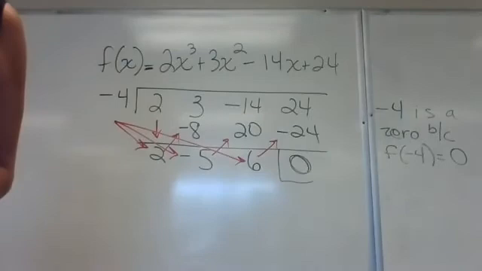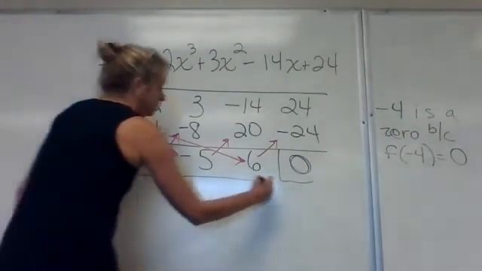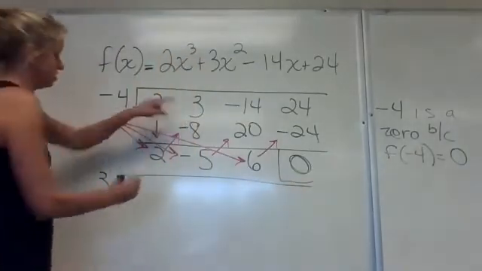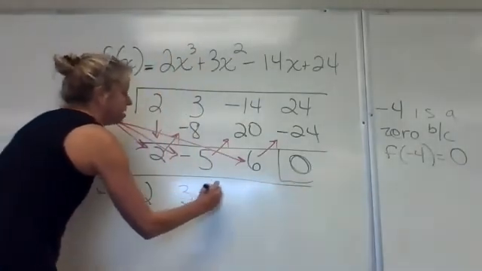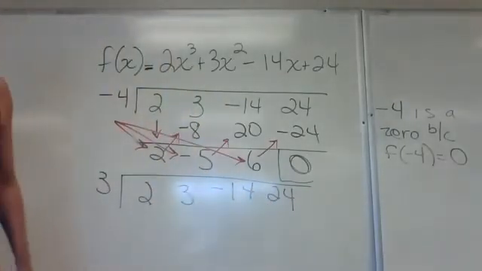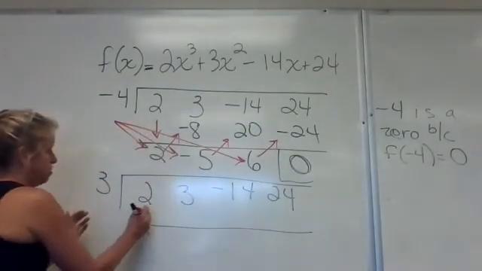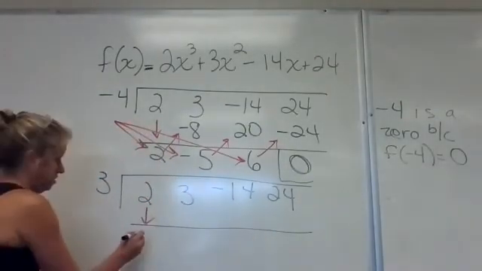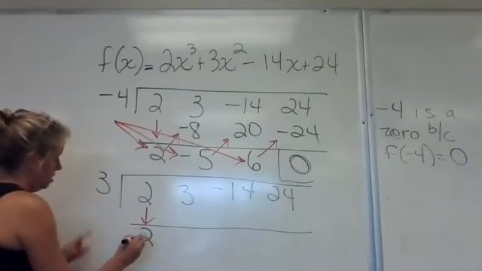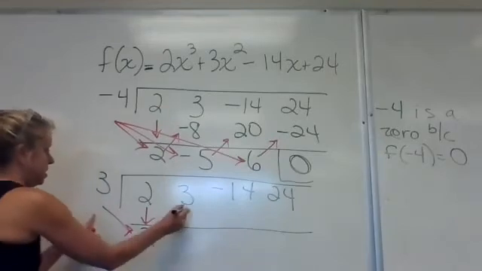Okay, what about the next one? Let's try 3 in the same function. So my coefficients are still 2, 3, -14, and 24. Okay, again, dropping down your 2 to start. 3 times 2 gives me 6.